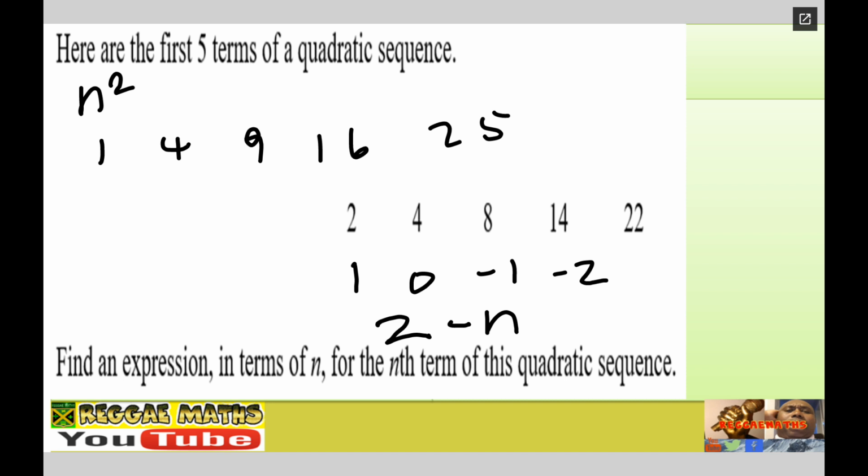If we put all of this together, the sequence is going to be n squared minus n plus 2. So that's the nth term.